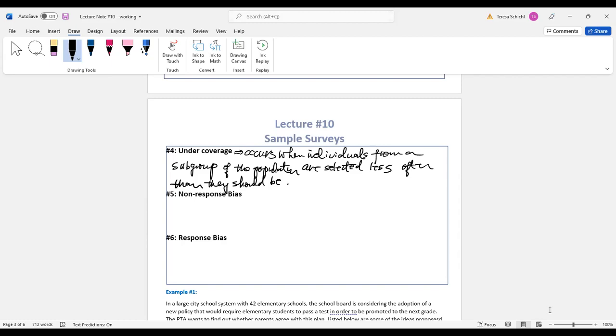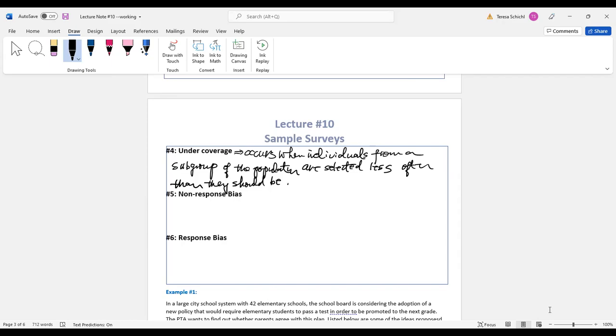If the Hispanic group is 19% of the population, but in the past 5 years the jury selection is only 12% Hispanic, you will wonder why it does not represent the true population proportion for the Hispanic group. Is it because my sampling method has problems, or because of the response? So that's why we call this the undercoverage.